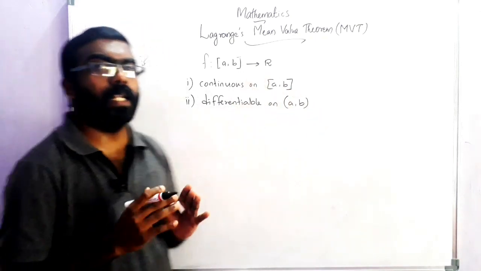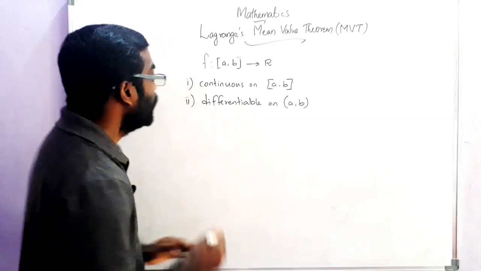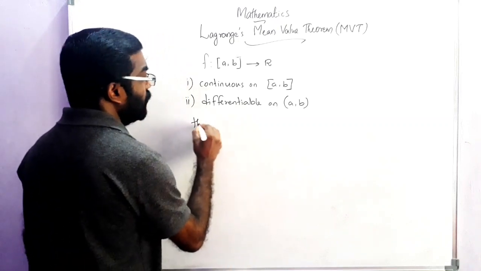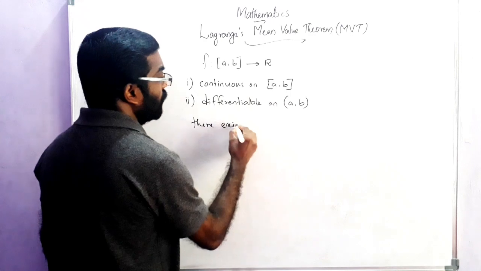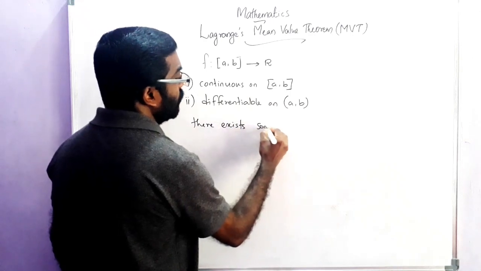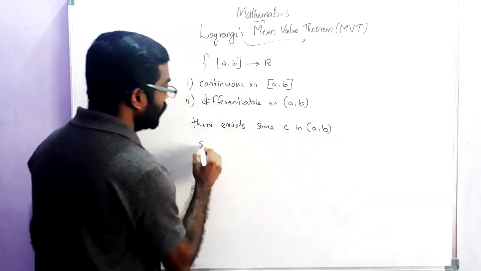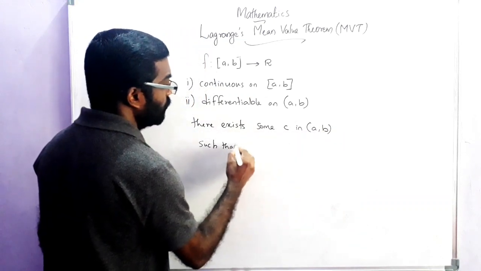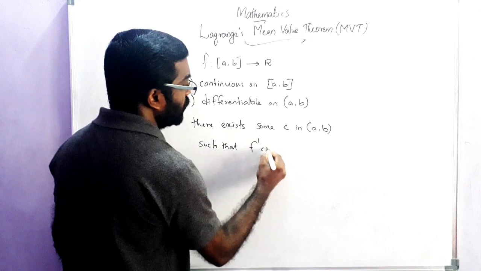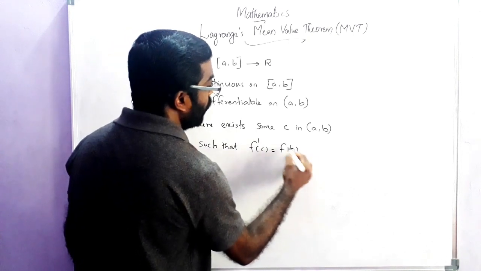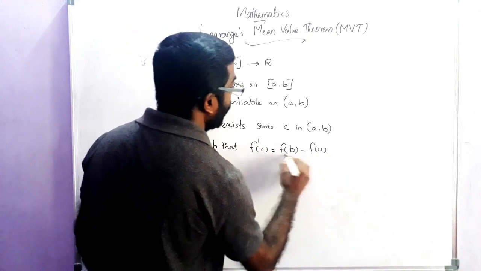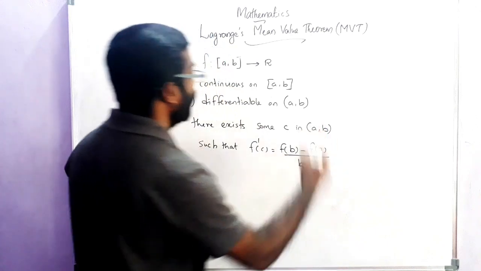If these two conditions are satisfied, then there exists some c in open interval ab such that f dash of c is equal to f of b minus f of a divided by b minus a.